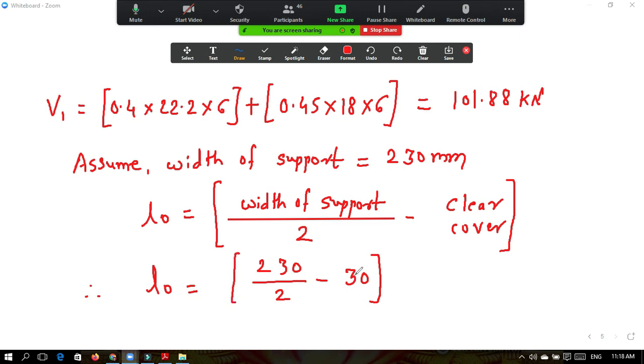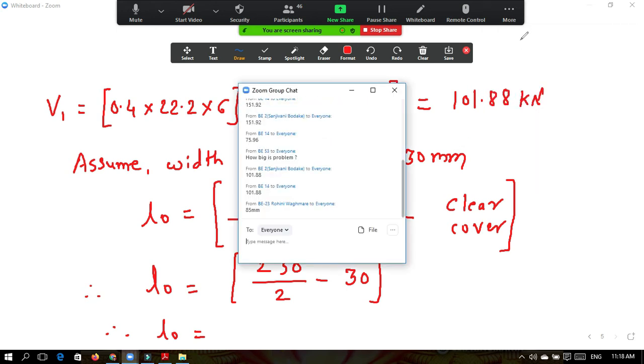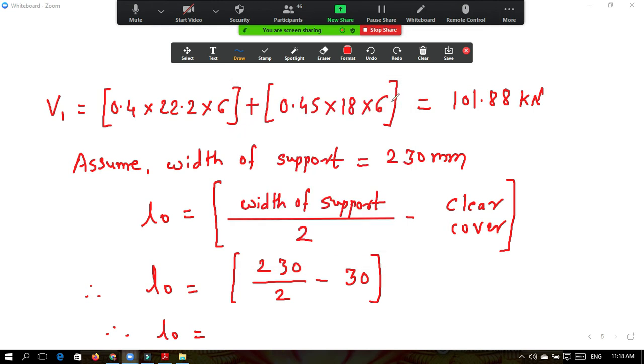So solve this, you will get the value of L0. Therefore the value of L0 is 85 mm. Now put all these values in our formula, that is 1.3 M1 upon V1 plus L0.